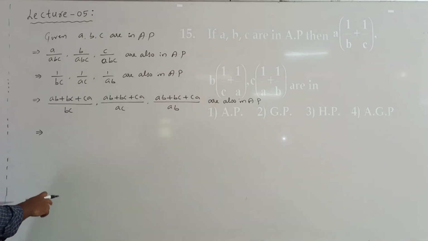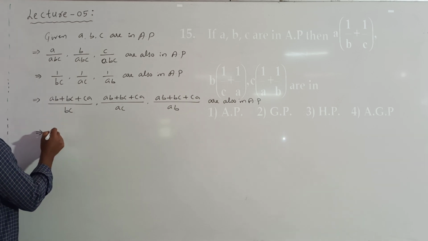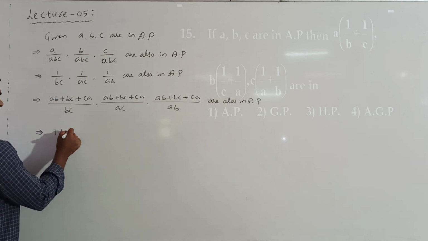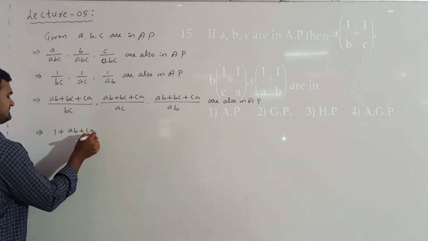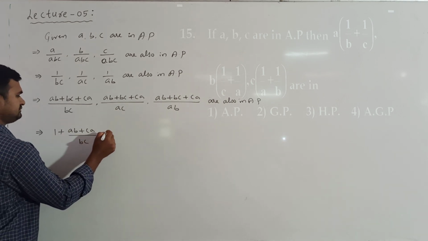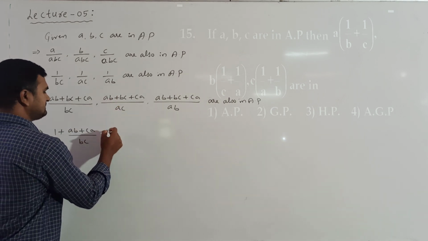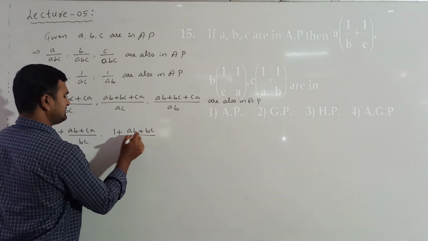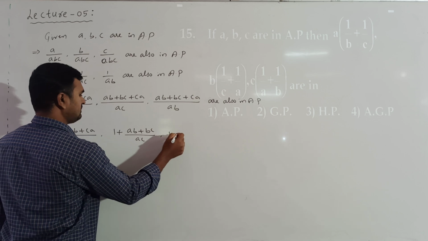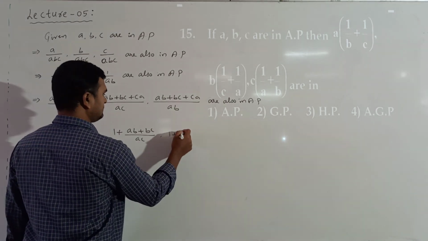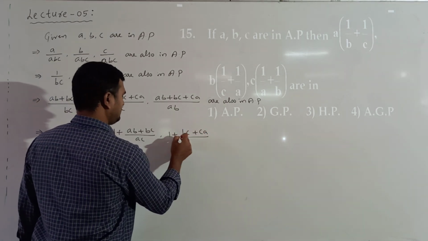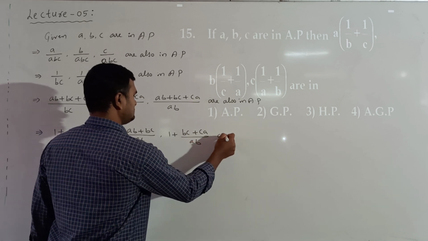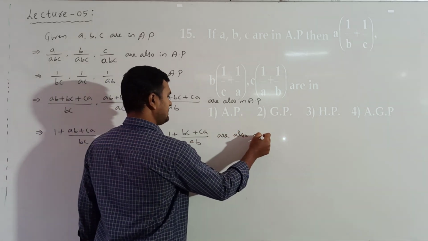Now divide separately. BC will get cancelled, so we have 1 plus AB plus CA divided by BC. AC cancelled, so it will be 1 plus AB plus BC divided by AC, and 1 plus BC plus CA divided by AB. So these are also in AP.